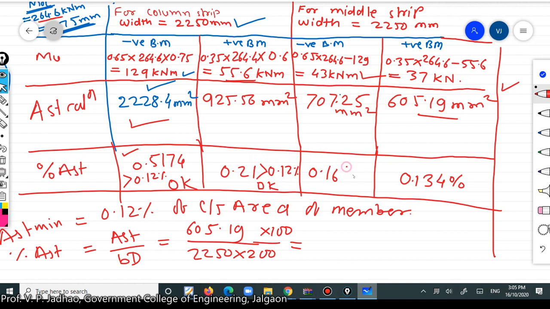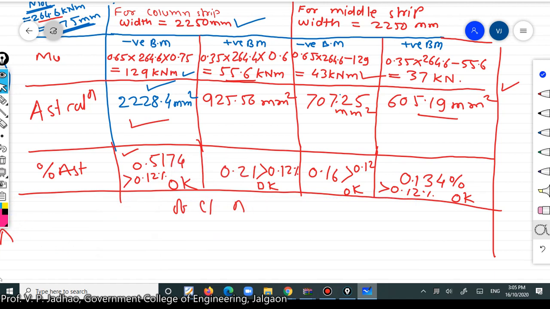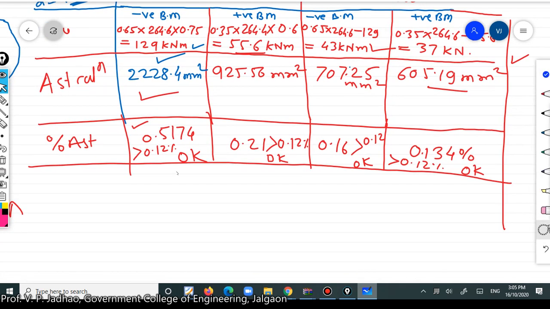This is more than 0.12, it is again okay, and this is again greater than 0.12% and hence okay. So all the steel calculated is more than 0.12% AST, therefore AST minimum is not required to be calculated. Now we have to calculate the spacing of bars.